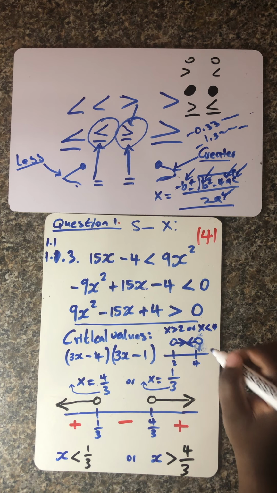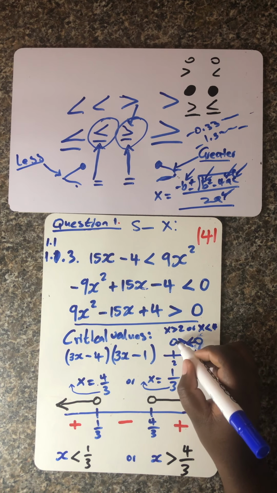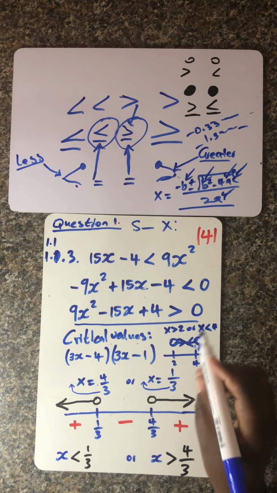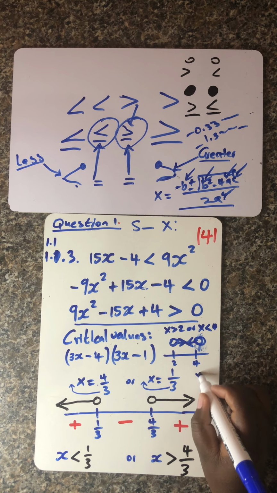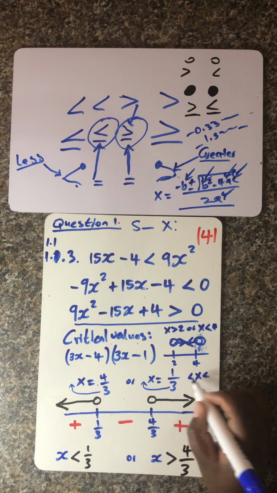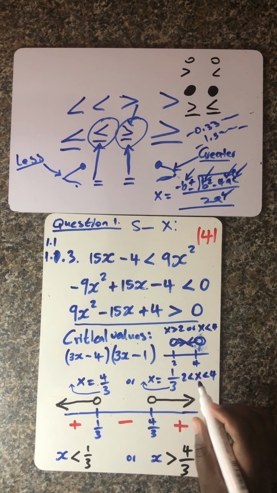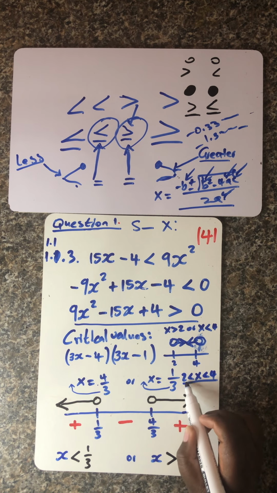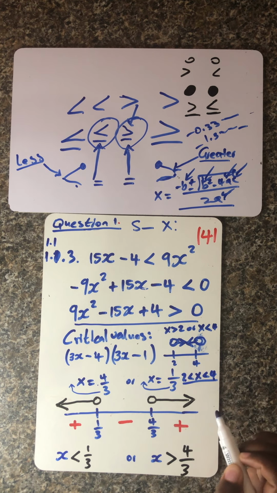Some other students may decide to say this is between 2 and 4, and when you represent that, you say x less than 2, 4. So this means x is between 2 and 4. Guys, let me not go deep into that so that I don't confuse you, but I'll make sure to do another exam paper which needs a final answer like that.